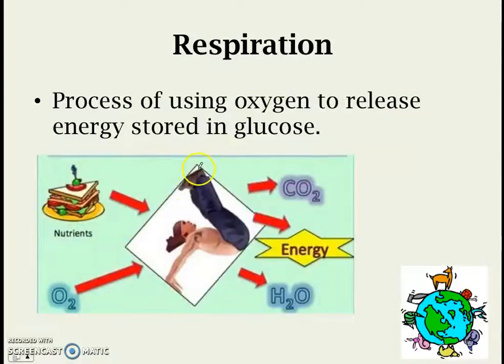Now, the other process that you need to know very well is this process called respiration. And it is the process, like I said already, to release energy stored in energy-rich molecules like glucose. So the process of using oxygen to release energy. So for example, this sandwich here probably contains a lot of glucose, a lot of energy-rich molecules.